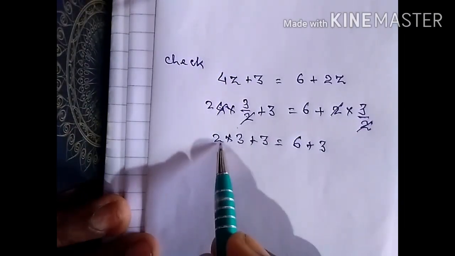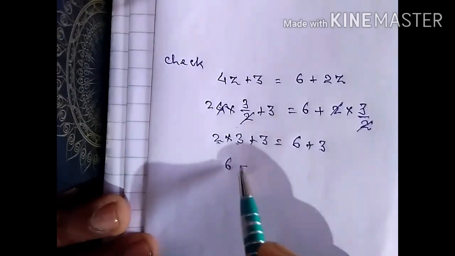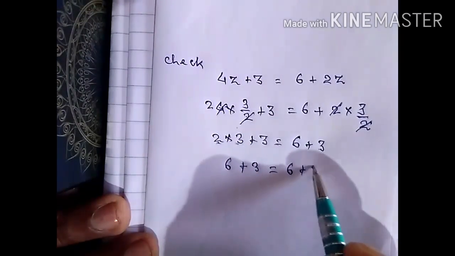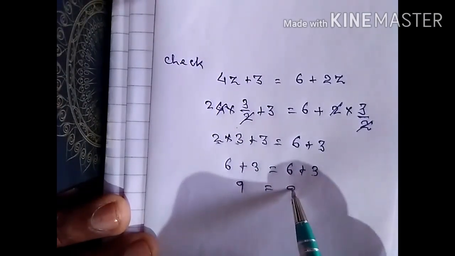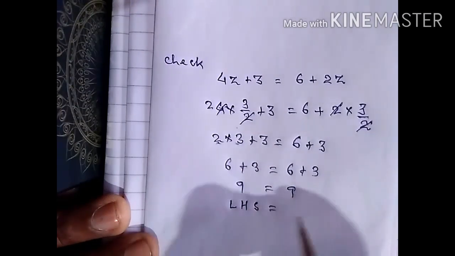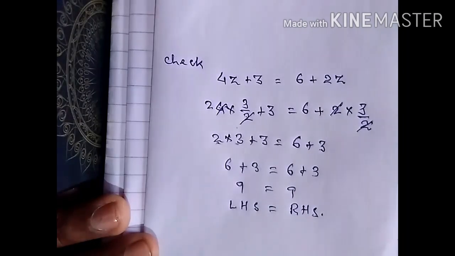So now student, multiply this first. 2 threes are 6 plus 3 is equal to 6 plus 3, and this 9 is equal to 9. So left hand side is equal to right hand side, therefore our solution is correct. Clear student? So we have to solve all the questions like this.